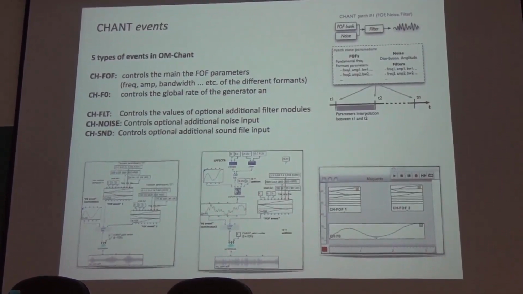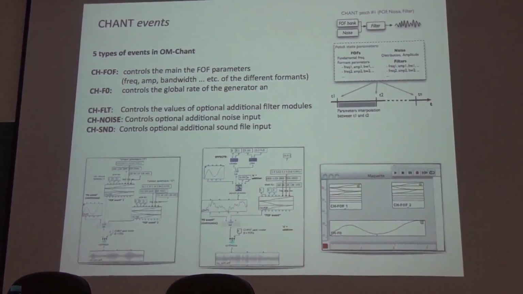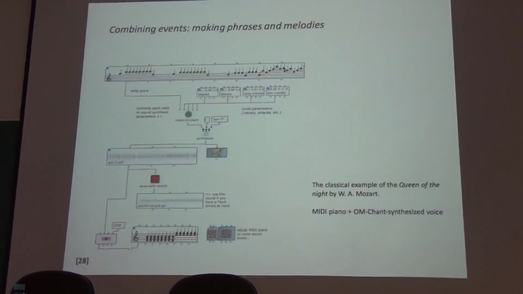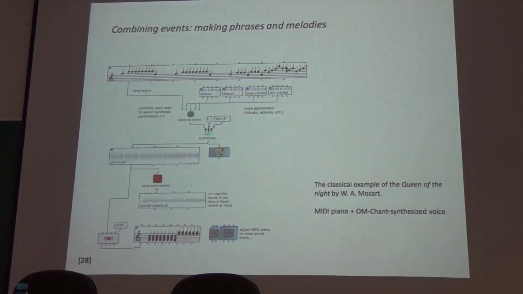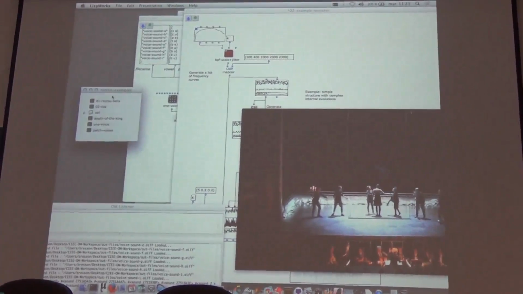If you remember Gérard's presentation yesterday, it's kind of an interface where you can put objects in time in order to make some temporal structures. Let me show you another example.